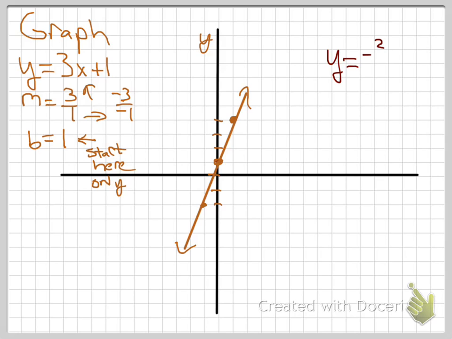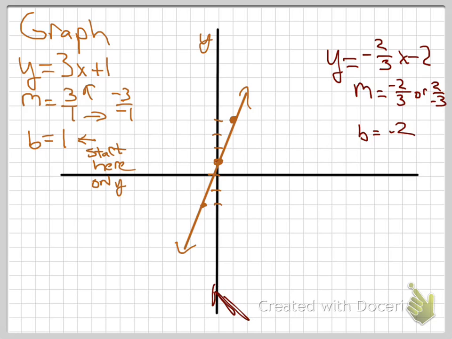Another example. This one's going to be in maroon. Okay, so I have here a slope of -2/3 or 2/-3. Notice that the negative can go to either number. And then I have a y-intercept at -2. So again, start with the y-intercept, the b. On the y-axis, always start on the y.